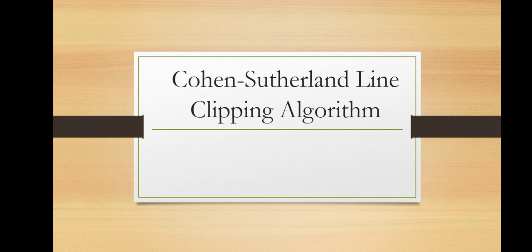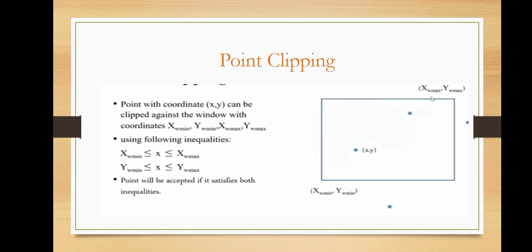Okay, we have already discussed point clipping. In point clipping, points are clipped against the window. Suppose there is a point with coordinates x comma y, and the window is represented by xw min, yw min, xw max, yw max.